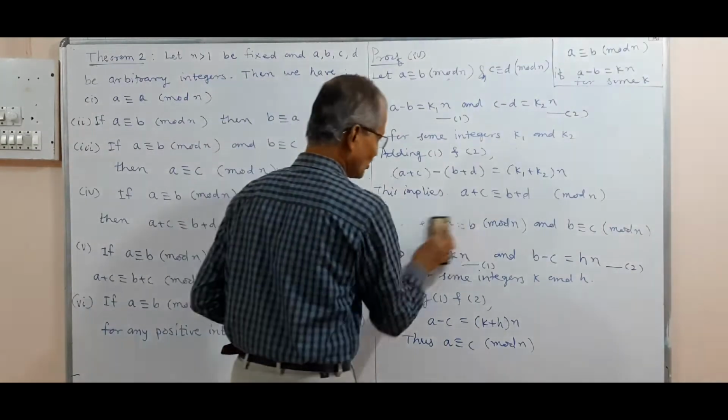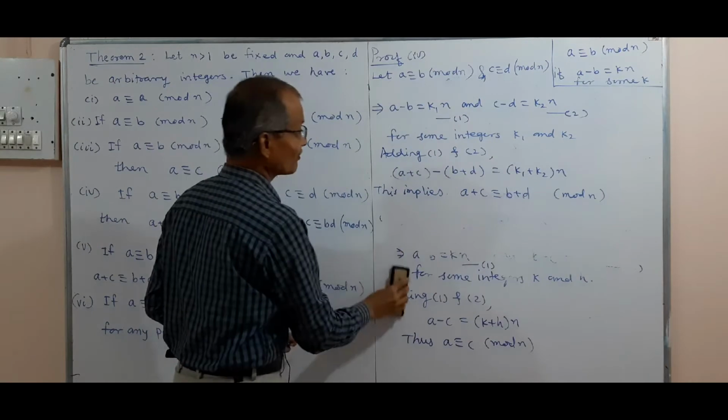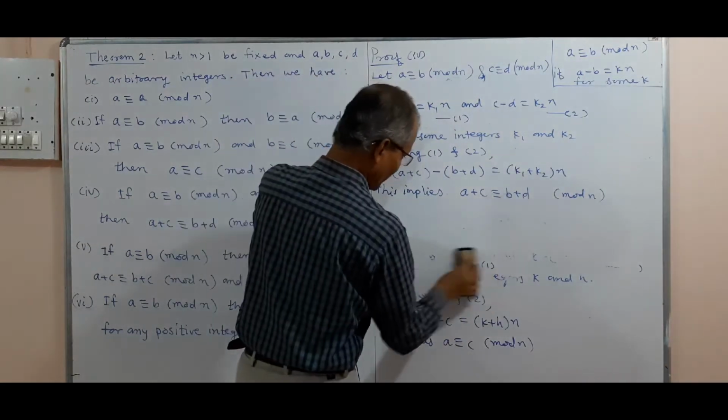Now to prove AC is congruent to BD, we shall write the values of A and C from equations 1 and 2. What is A from the first equation?